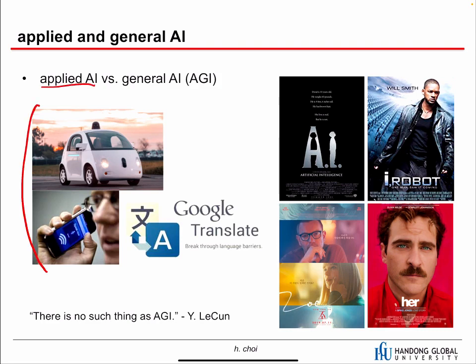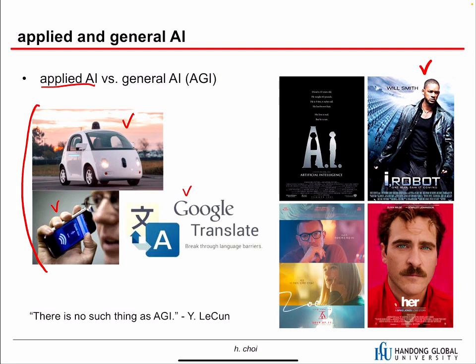AI can solve one specific problem. Okay, so smart car or speech recognition or translation. So AI can solve one task. Okay, it's specialized. But in SF movies, you can see some general AI.